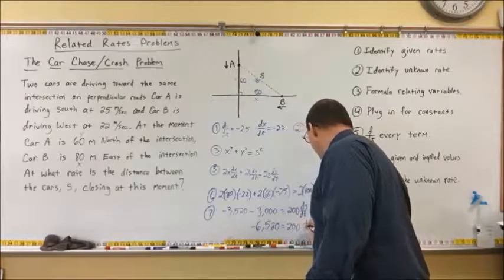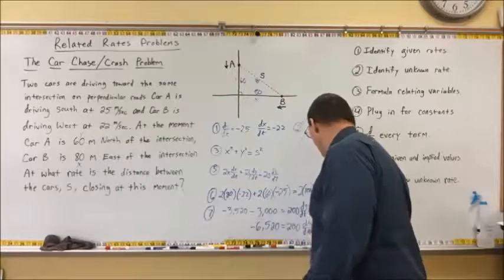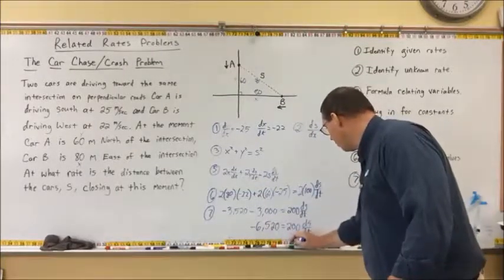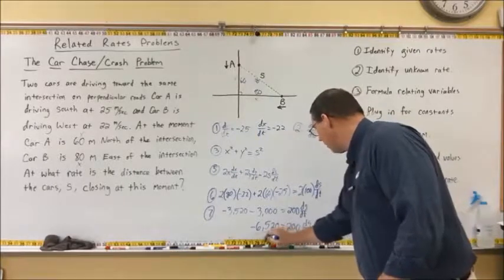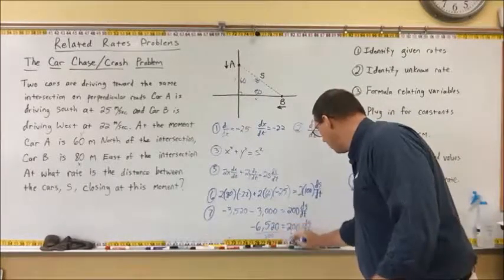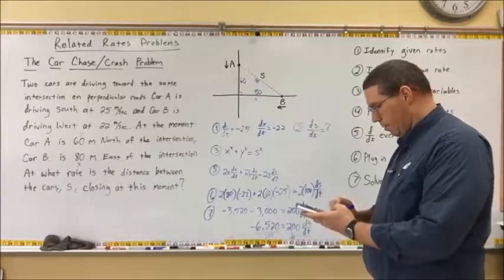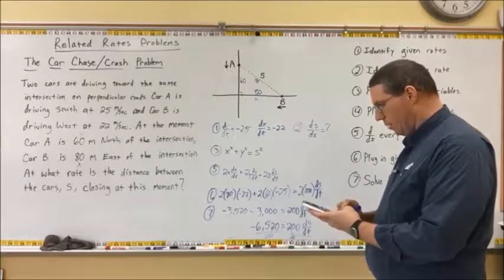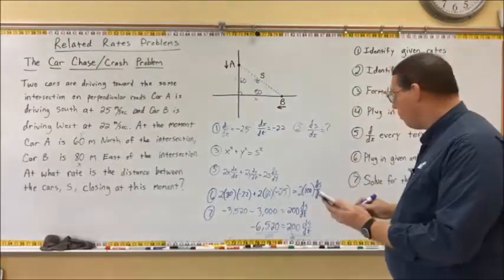equals 200 ds/dt. And now all I have to do is divide both sides by 200. That'll cancel the 200 over here. So negative 6,520 divided by 200, and that gives me negative 32.6.